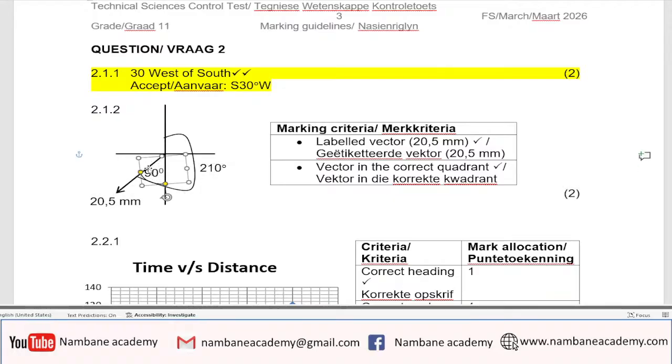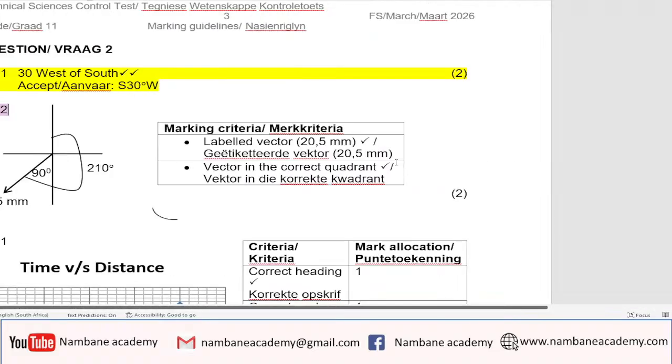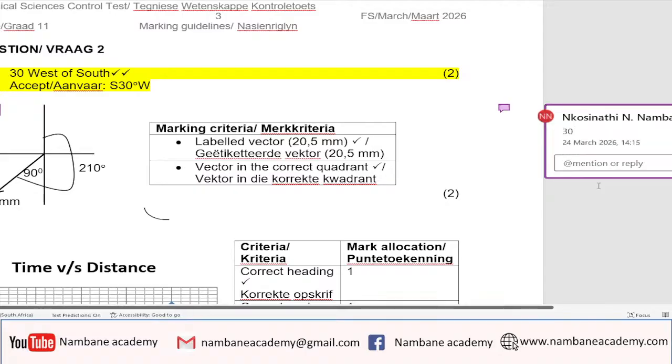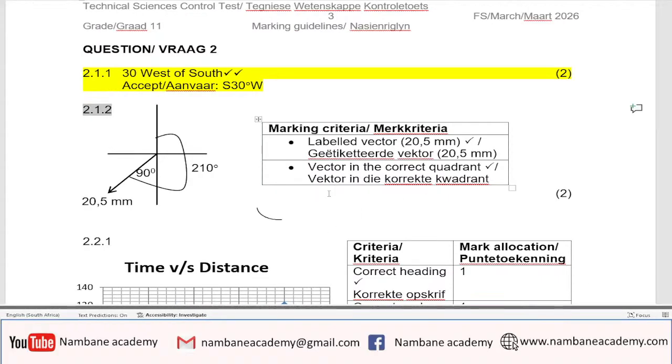It must be, yes. 30, yes, ma'am. I'd like to know, sir, if the learner maybe put the 60 degrees on the other side, but the magnitude is still in the same quadrant, is that also another option to mark it? Okay. Thank you, sir. All right, thank you, sir.